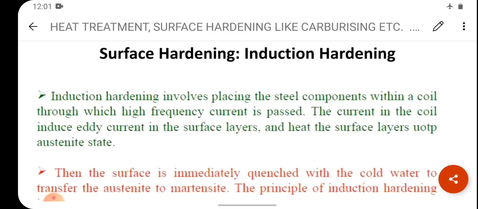The current in the coil induce eddy current in the surface layers of the object and heat the surface layers up to austenite state. कहाँ तक हीट करेगा? austenite state तक हीट करेगा सरफेस को with the help of induction process.